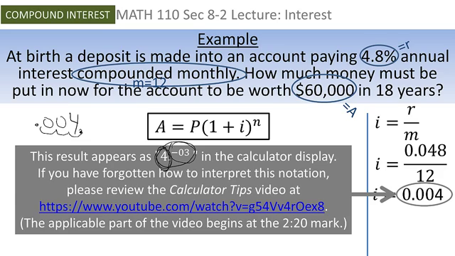So 4 with the -3 in the display as an exponent is 0.004, which is what we said here. If you're having trouble with that part, you probably want to watch the video that I provided on calculator tips, and it tells you more about that. But in any case, you end up with 0.004.